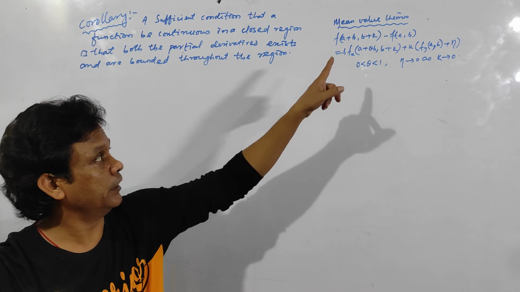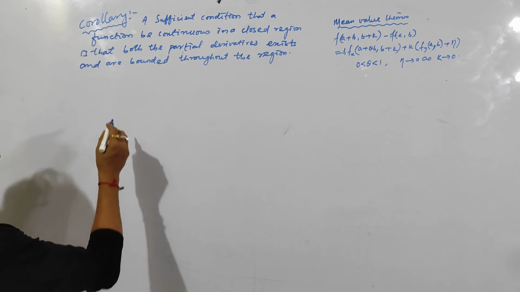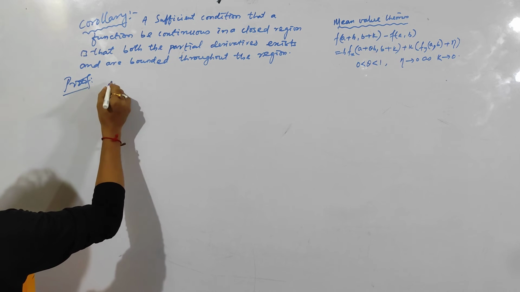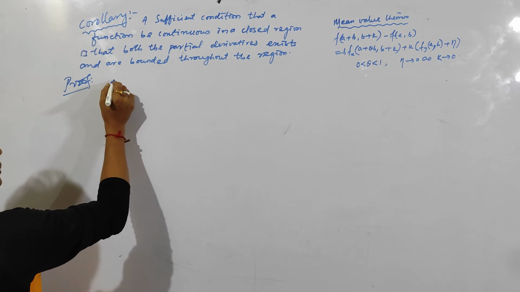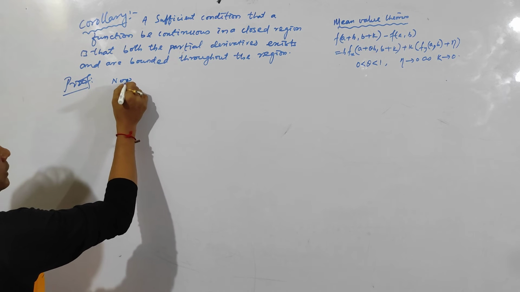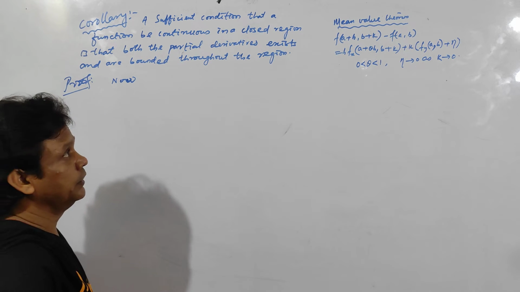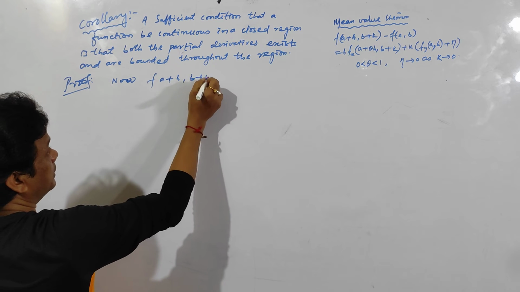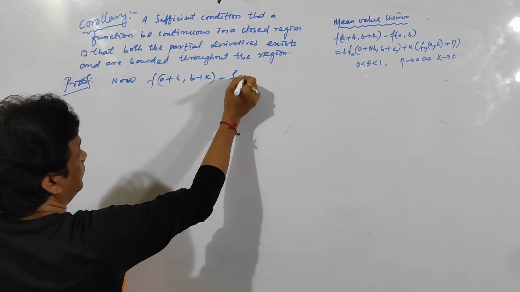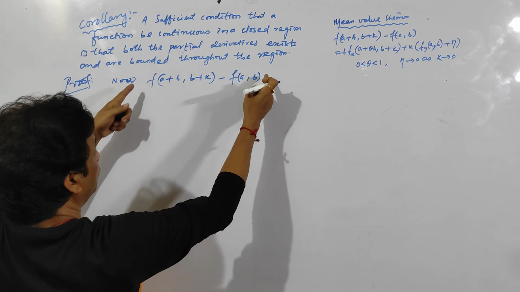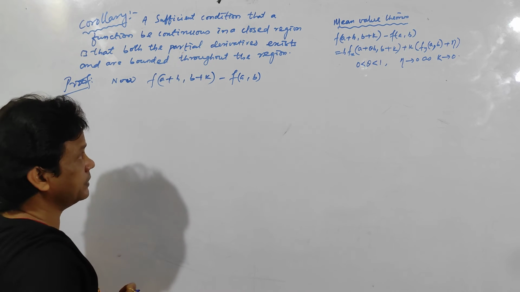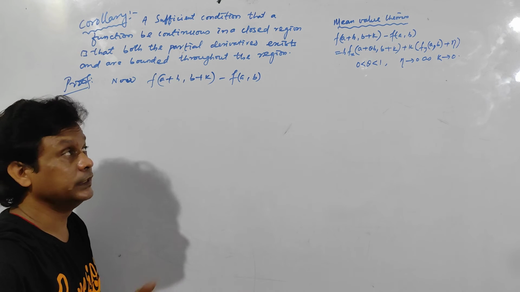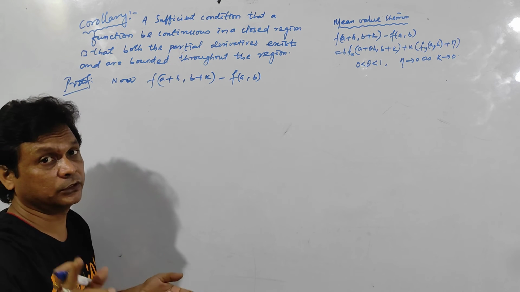Clear? And by the mean value theorem we have, now I have to prove, see here, that mod of f of a plus h, b plus k minus f of a b is less than epsilon, then the function is said to be continuous.